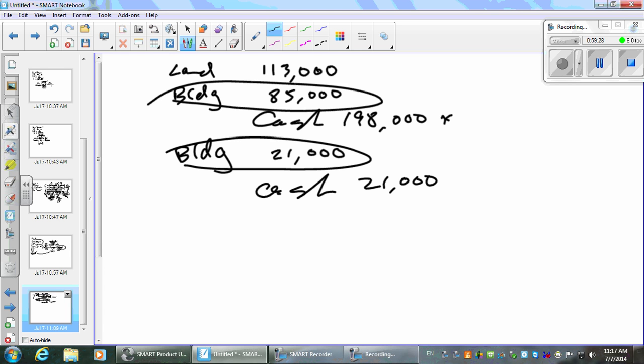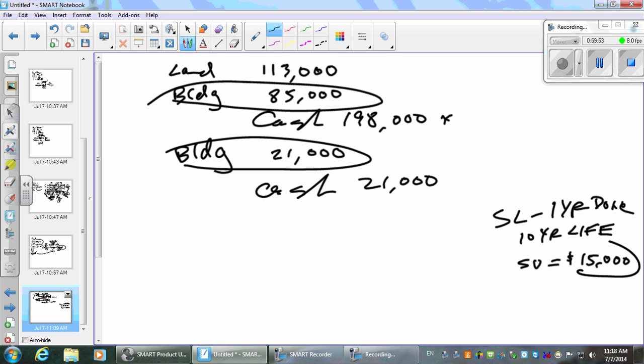So did they ask you the depreciation in the next part? Yeah. Okay. Straight line. At the end of 1 year, 10 year useful life, 15,000 residual. 1 year done. Oh, okay. 10-year life. So it's going to be 1/10 of my depreciable value, though, right? So my salvage value or residual value is how much? 15. So how much are you going to depreciate again? Cost is 106 total, is that right? 85 plus 21.